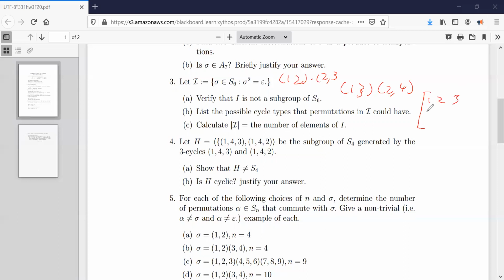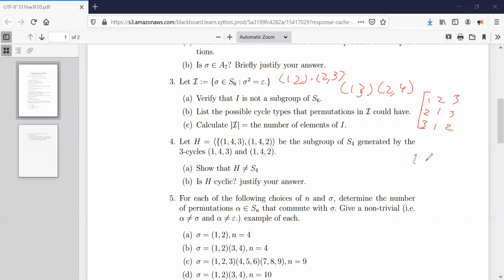So 1 goes to 2, which goes to 3. 2 goes to 1, which stays at 1. And then 3 stays at 3, which goes to 2.